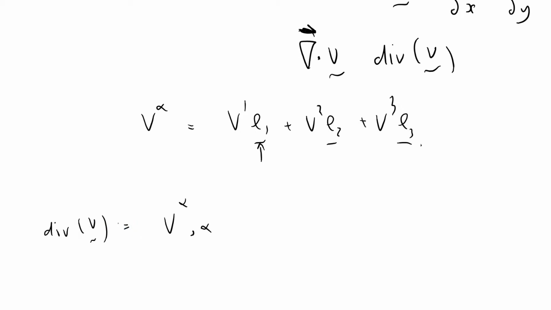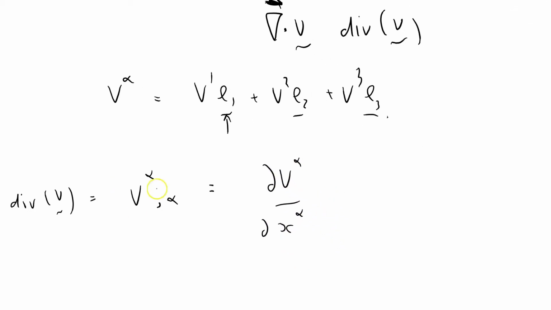This works in any coordinate system, or at least it should, and that's going to be ∂v^α/∂x^α, that's a superscript, plus Christoffel symbol times v^β, summed over β. We've got an α there and an α there.